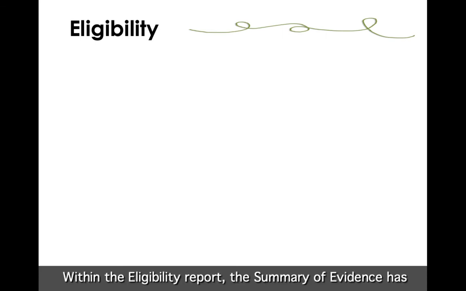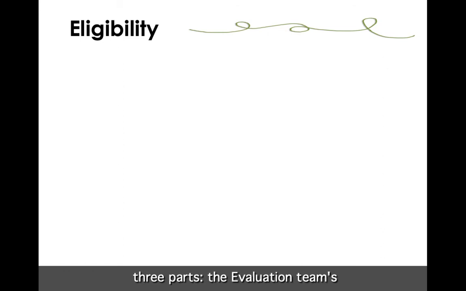Within the eligibility report, the summary of evidence has three parts: the evaluation team's assessment summary, adverse effect on educational performance, and the need for specially designed instruction. In this training example, let's look at the thread found in Donnie's eligibility report.